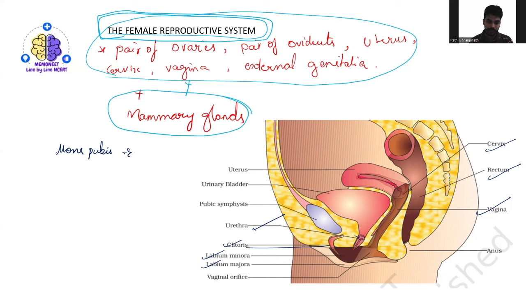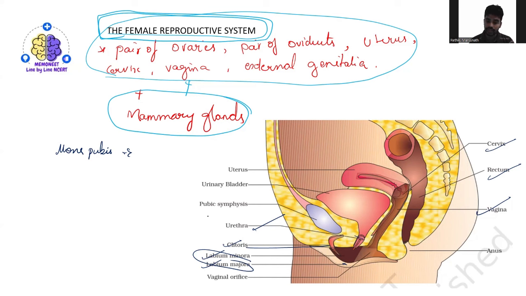In the labium majora, you are going to see a fleshy fold of tissue which extends down from the mons pubis part and surrounds the vaginal opening.